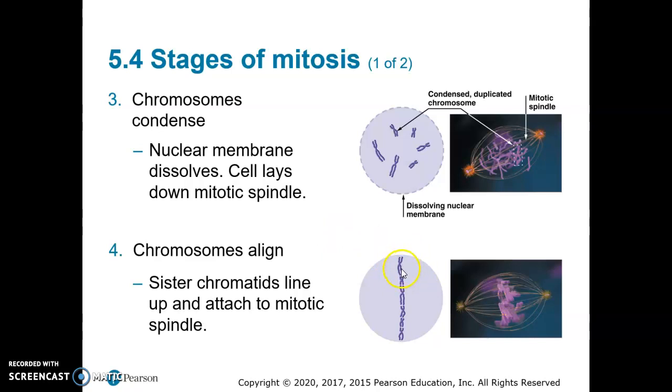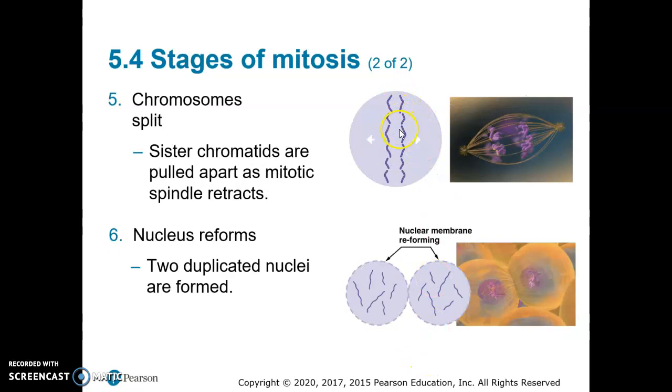So when I pull this sister chromatid to this side, this sister chromatid over here, and I do the same for all of the chromosomes, then each cell will receive an exact copy of the genetic information. And that takes place in anaphase. That's where the sister chromatids are pulled apart.